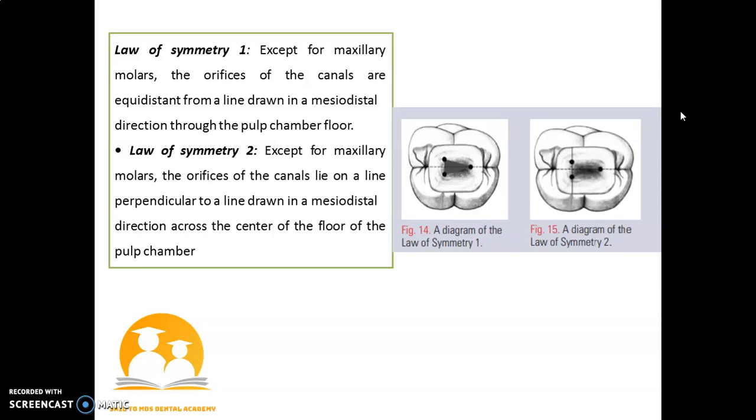For example, the distal buccal and distal lingual canals will be at equal distance from each other. If you found, let's say, 3 canals in the tooth, mesiobuccal, mesiolingual, and the distal, you can imagine the line perpendicular to that, and there you can find your distal canal. So these two symmetry laws will help you to locate the orifice.